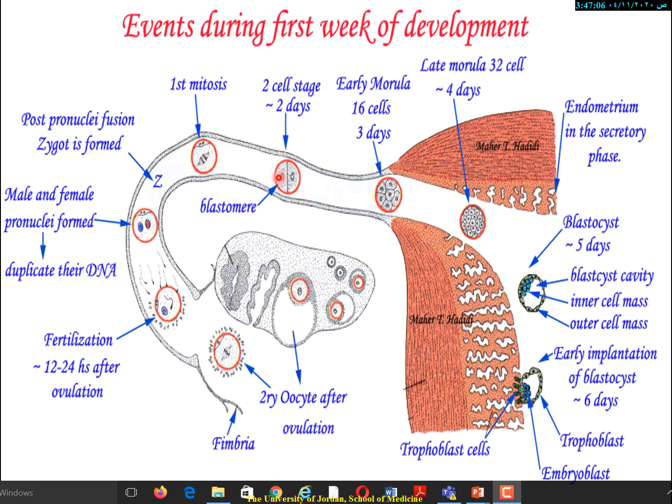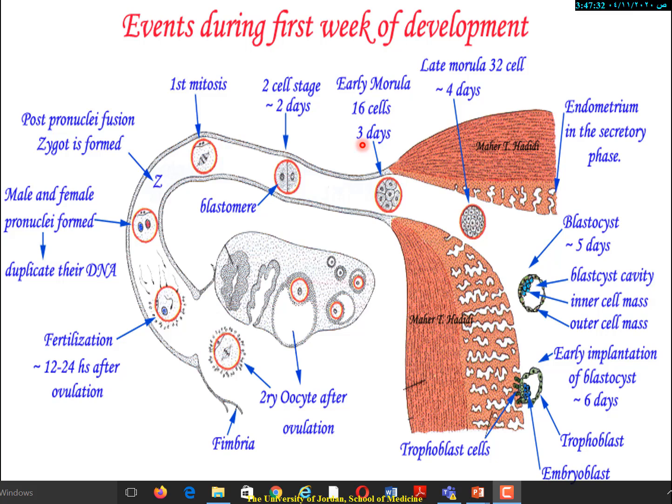Of course, the drawing here is not that 100% accurate. However, as it reaches the way through the fallopian tube, it would become early morula. So it was zygote, then early morula, 16 cells. This is about 3rd day of fertilization.